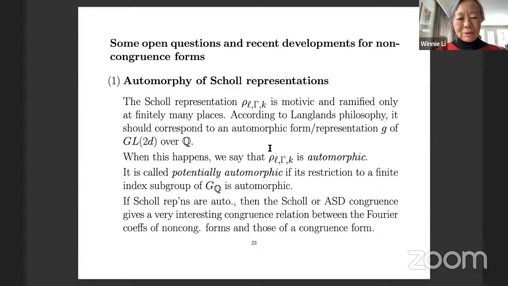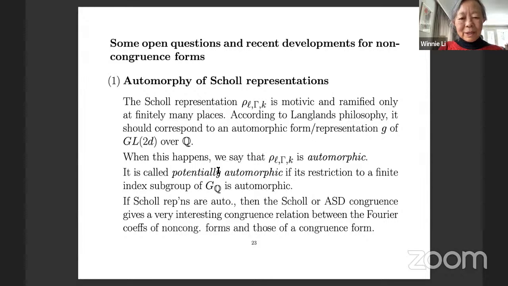According to the Fontaine-Mazur conjecture, they should correspond to automorphic forms or automorphic representations of GL_2d over Q. If this happens, then we say that these Scholl representations are automorphic.